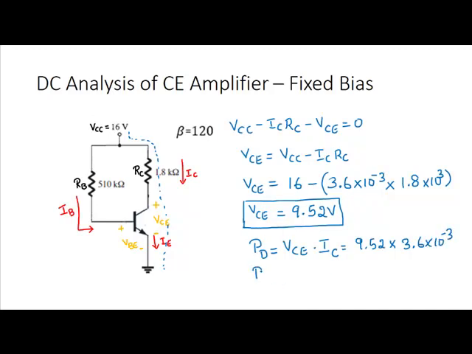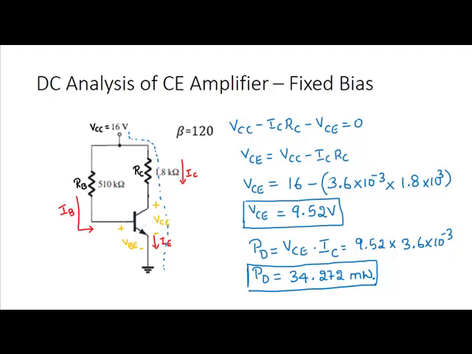So this gives me a static power dissipation of 34.272 milliwatt. So this is the static power dissipation of the BJT in this circuit.